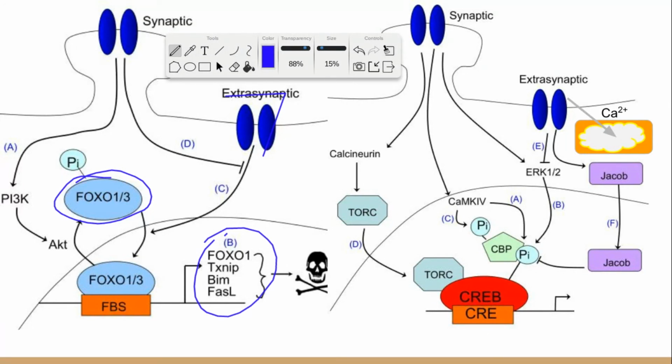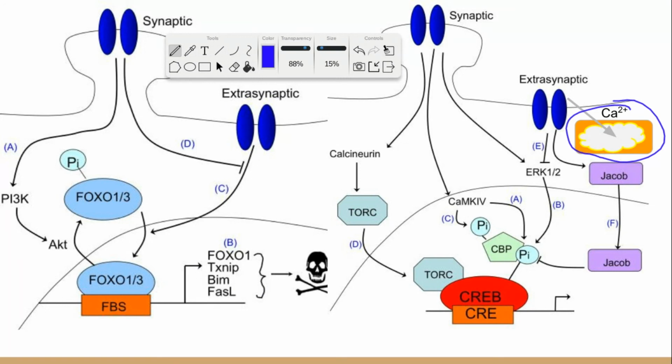In addition, extrasynaptic NMDARs tend to be closer to mitochondria, which is what I've depicted right here. So I added a little mitochondria, and thus it's speculated that their activation is mitotoxic by directly overloading them with calcium.